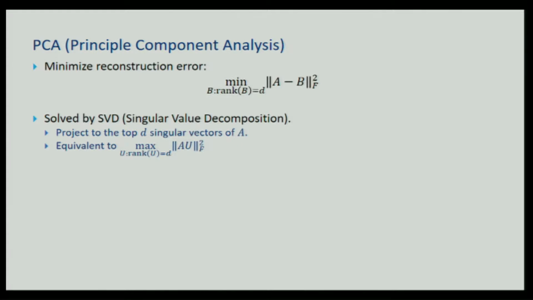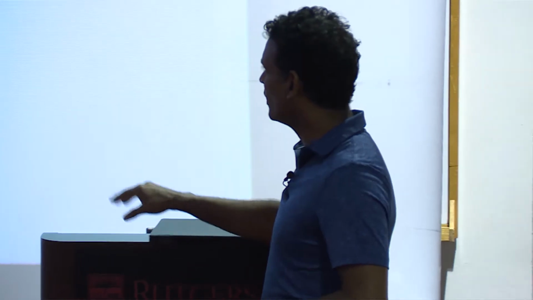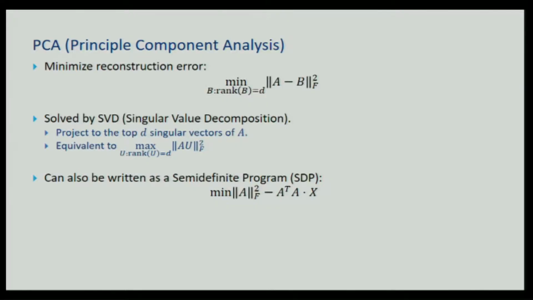Now, which also is because of the particular norm, also equivalent to maximizing the projection onto this subspace. Now, just to remind you, no reason you would want to, you could write this as a semi-definite program, right? Where you want to, say, minimize the overall norm minus this projection, which is the error, right? Because of the orthogonality of these decompositions.